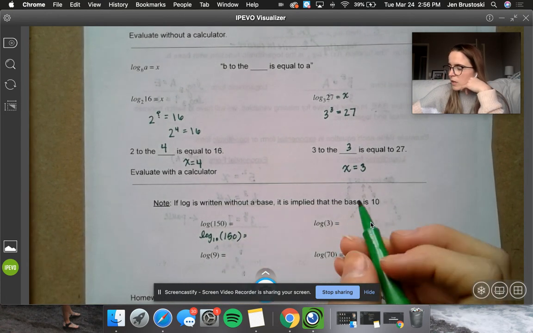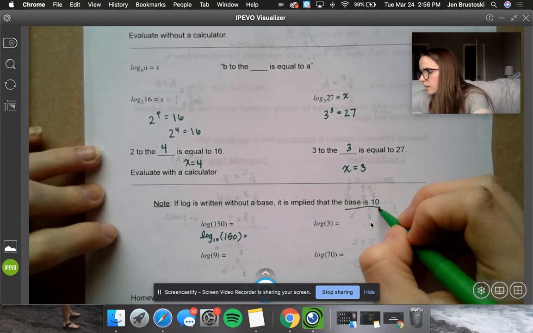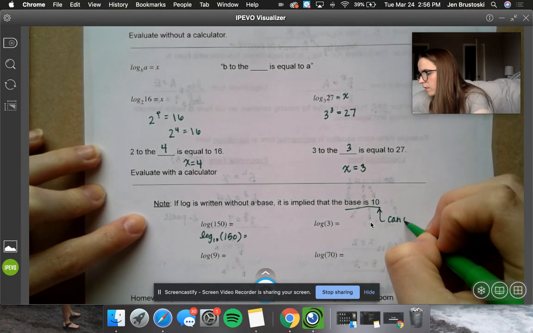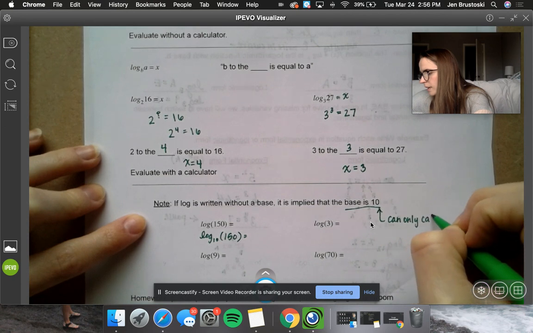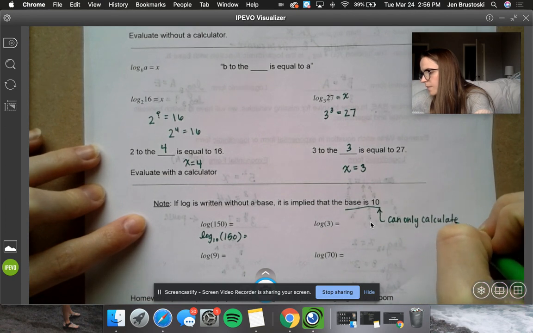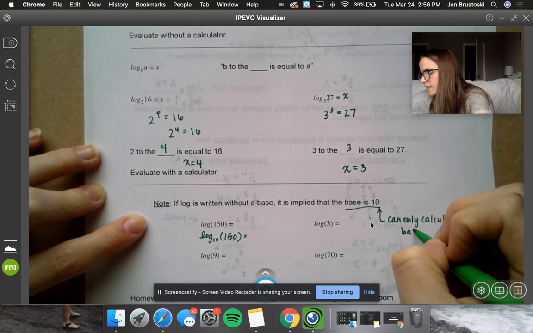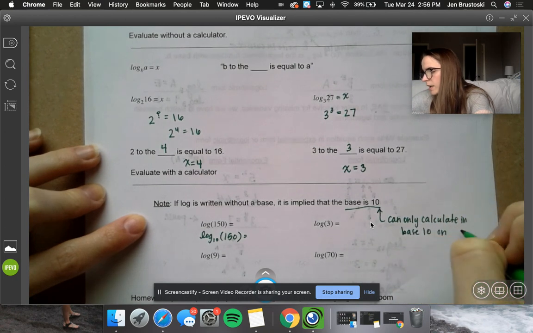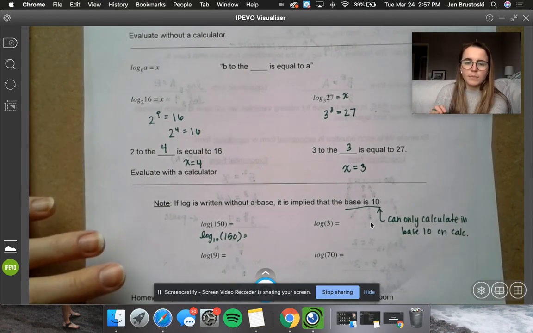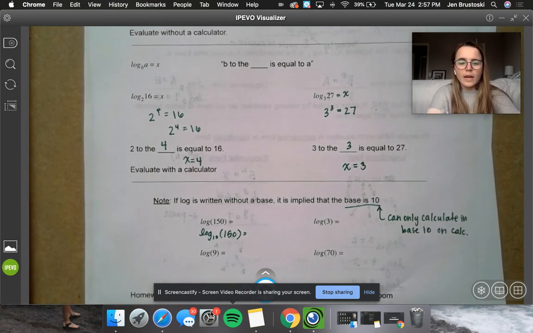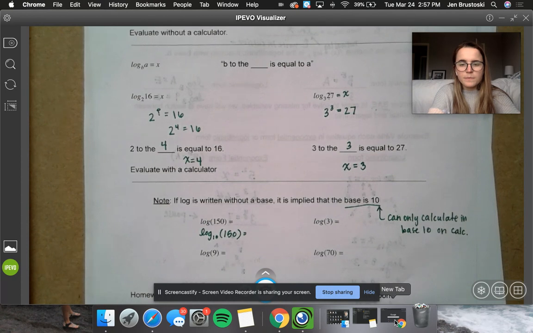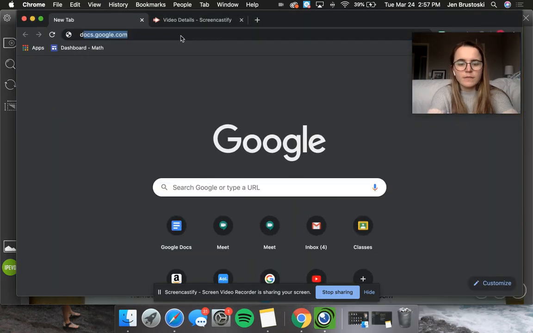So we can only calculate in base 10 on a calculator. That sounds silly, but yep, that's all we can do. So go ahead, pull up Desmos, and we'll just type this stuff in.